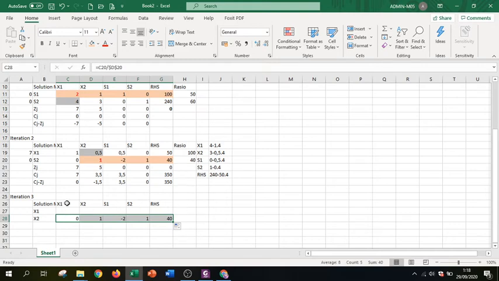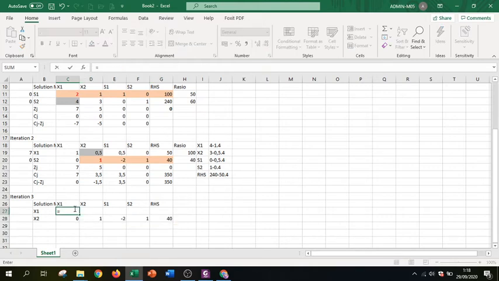we can find this. The way to calculate it is the same as this. So the way to calculate is this is the value minus, and times the pivot column in this row.